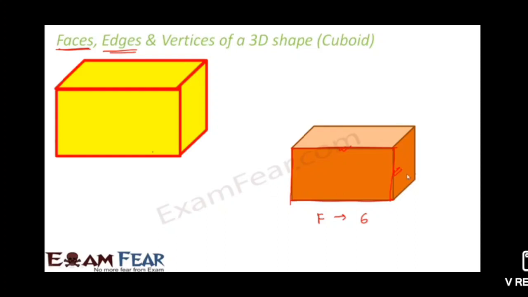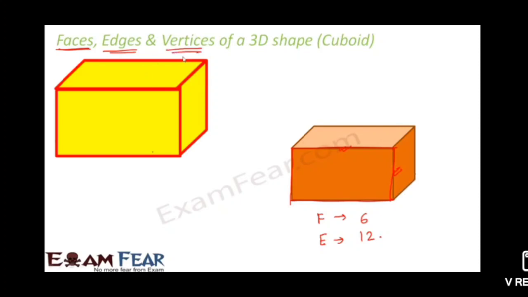Now these opposite edges are equal in a cuboid, because in a cuboid there are rectangles. How many edges are there? You can count: first, second, third, then fourth, then back side, front side, then left side, right side. Can you count? Yes. There are exactly 12 edges in a cuboid.